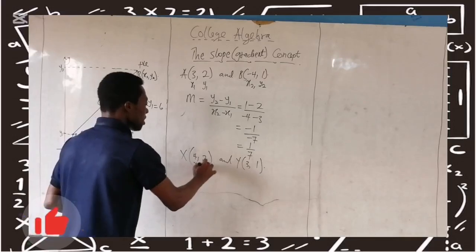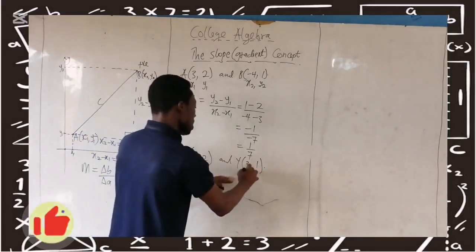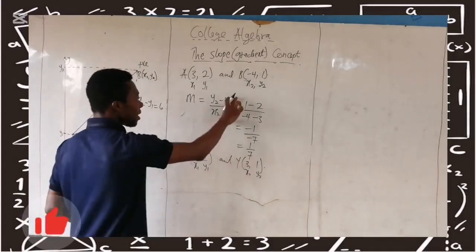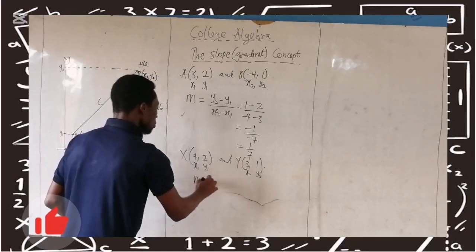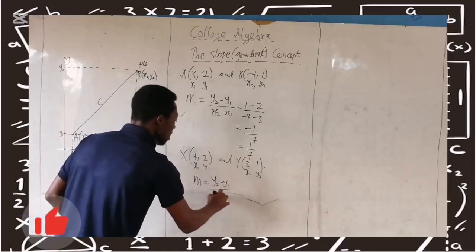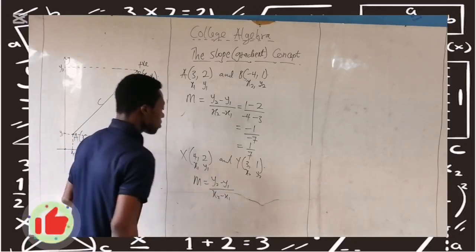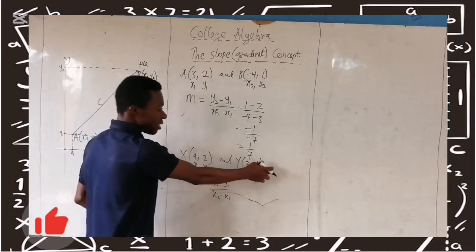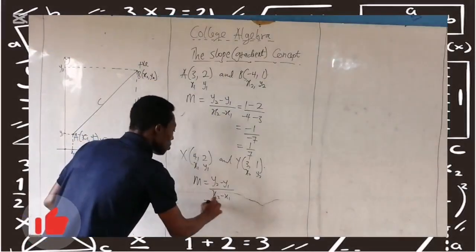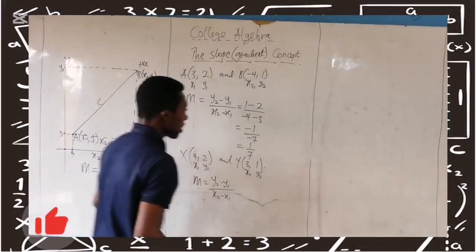So we can call this x1, y1. We can call this x2, y2. So given our formula here, m should be equal to y2 minus y1 over x2 minus x1. Once we have our representation, we just have to substitute into this formula.